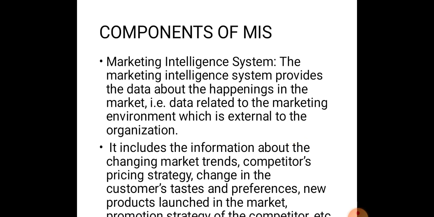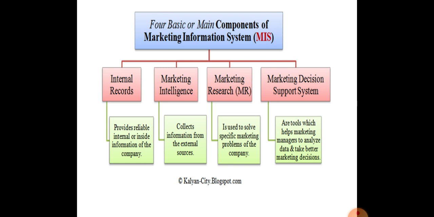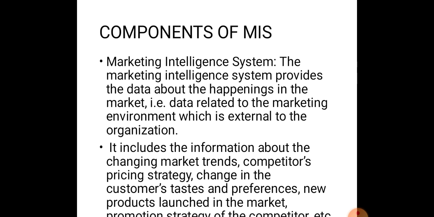After we have discussed internal records in detail, we are going to discuss marketing intelligence. The marketing intelligence system provides data about the happenings in the market, the business scenario, and data relating to the marketing environment which is external to the organization. Definitely it is based on the external environment or market scenario, outside the organization.